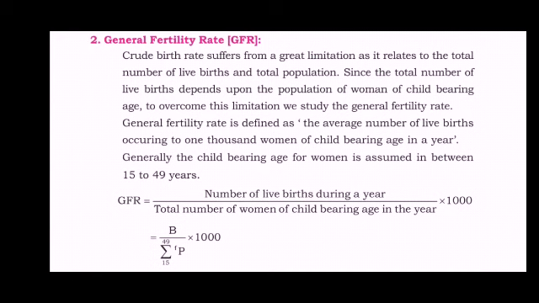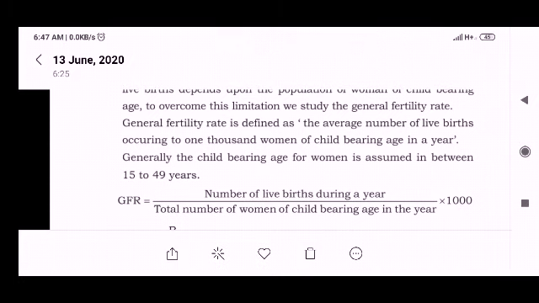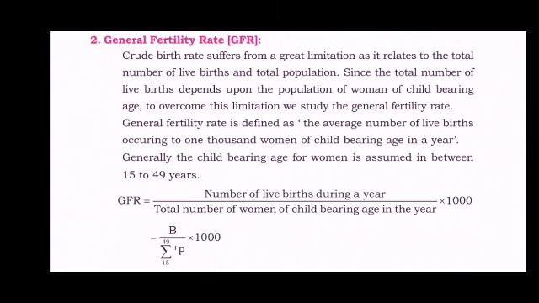What is this general fertility rate? It is defined as the average number of live births occurring to 1000 women of childbearing age in a year. So they particularly mentioned here average number of live births occurring to 1000 women of childbearing age, that is the women who come under the age group between 15 to 49 years.